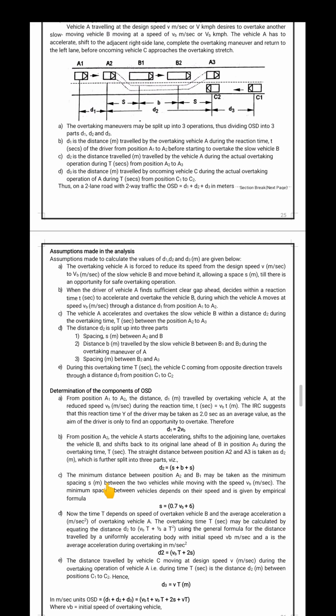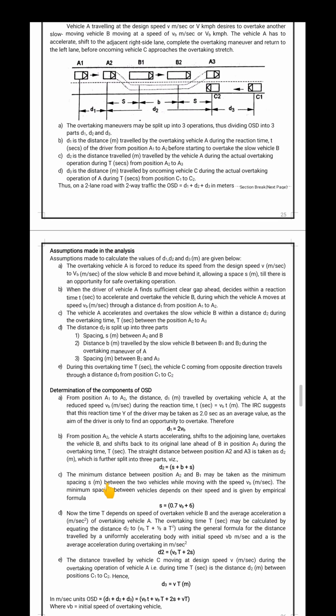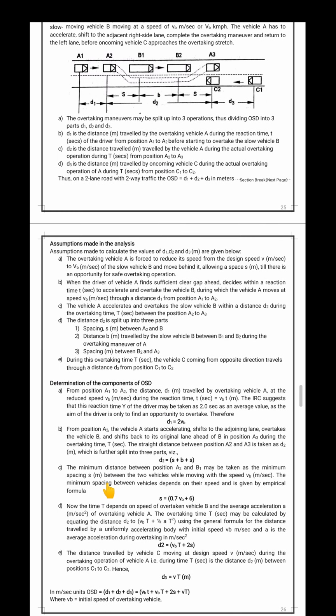It will move some distance S, allowing space S, till there is an opportunity to take the overtaking operation. In the driver's mind, he will think whether the space is available to overtake or not. Till then he will move with the velocity VB.